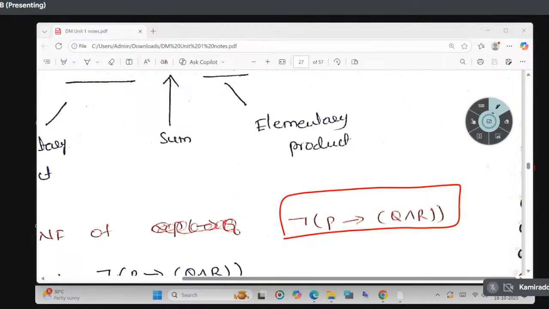P and negation Q, or P and negation R. Everyone got the same answer? We'll check with this.